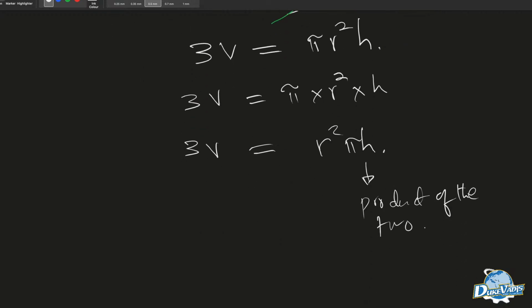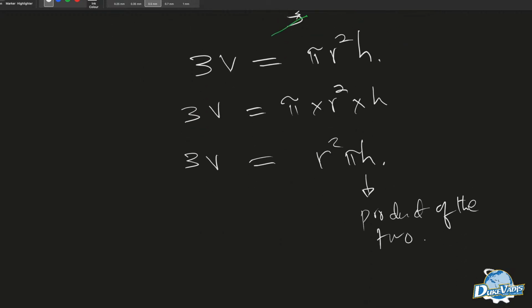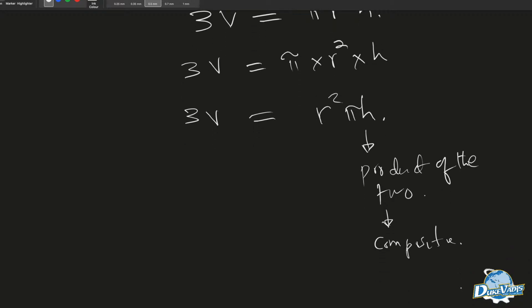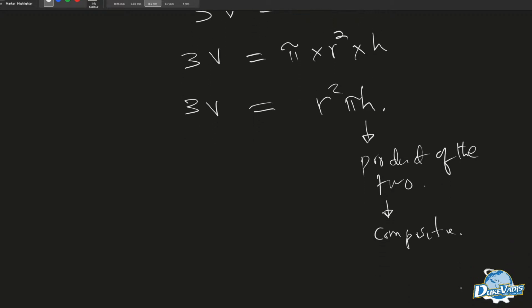So we classify them as composite. That is, they multiply together, so they look like they're one, even though they are not one. Because of that, we are going to take pi h into consideration.